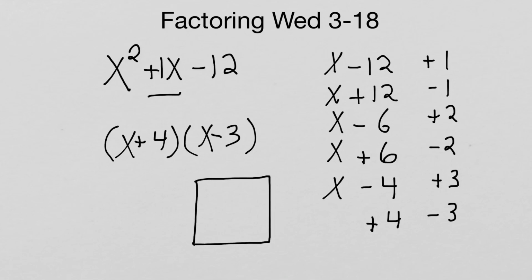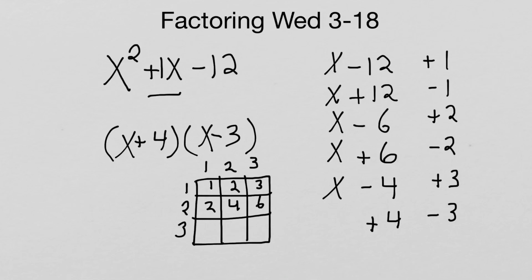To give you a little example, it's 1, 2, 3. Looks a little something like this. 1, 2, 3, 2, 4, 6, 3, 6, 9. It's one of those where you cross-reference. You find a number and another number, and you check here to see what they multiply to.